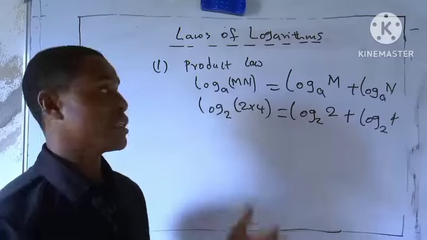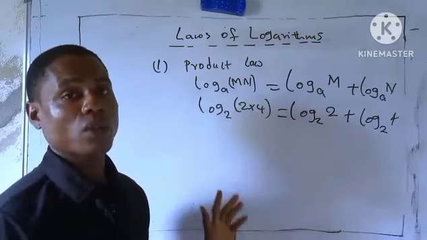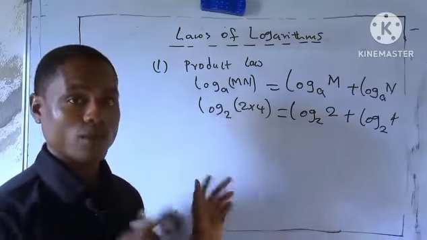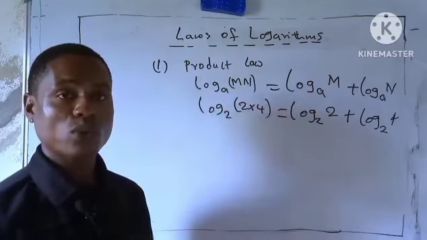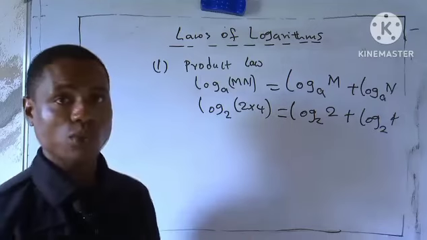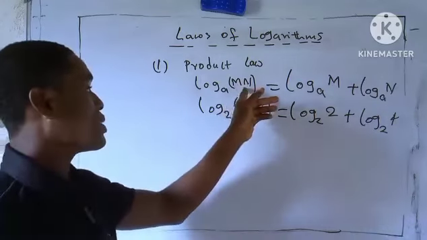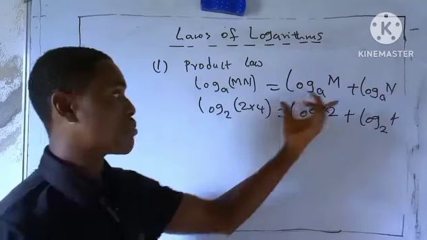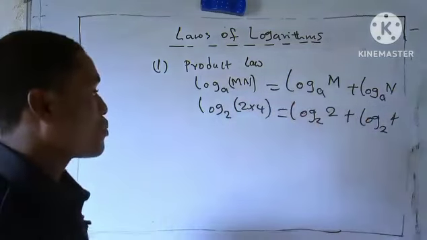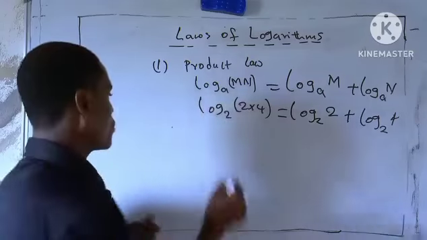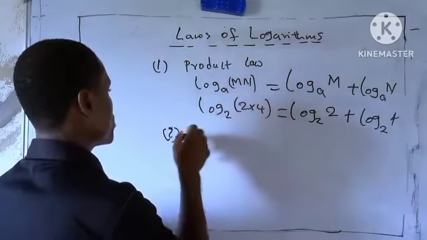So all you need is the understanding of all the laws in both indices and logarithms. Okay, so this is the first law, which is the product or multiplication rule. So if here is multiplication, you can split it and the middle will be addition.